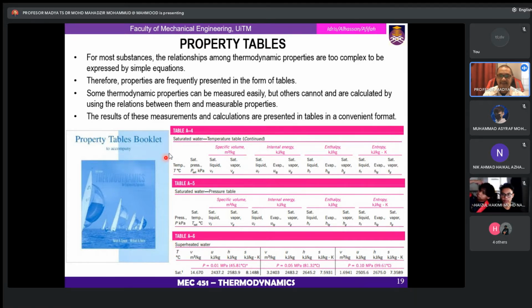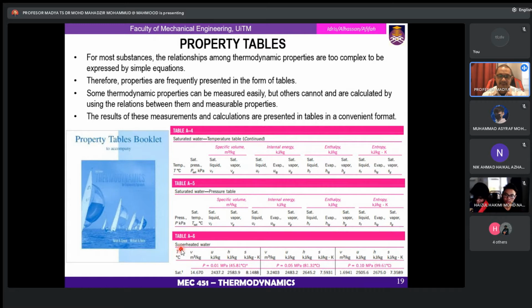What do we mean by saturated water and superheated water? When your calculation analysis is based on the mixture region, that means the phases of the substance in the mixture region are liquid and vapor.